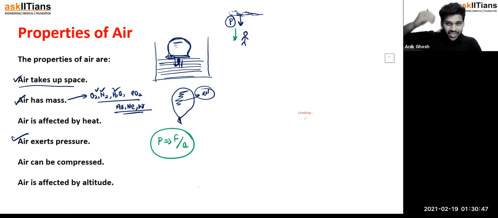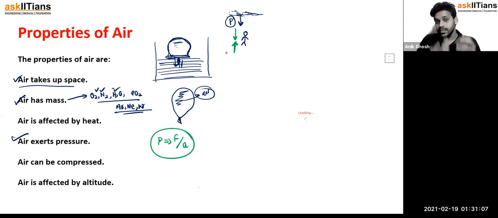But we are still not getting shrunk, because the liquids and plasma inside our body are exerting an equal and opposite amount of pressure in the opposite direction, right? So the plasma and different cellular organs in our body are also exerting an equal and opposite amount of pressure.